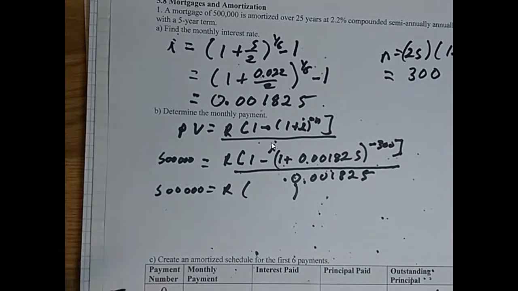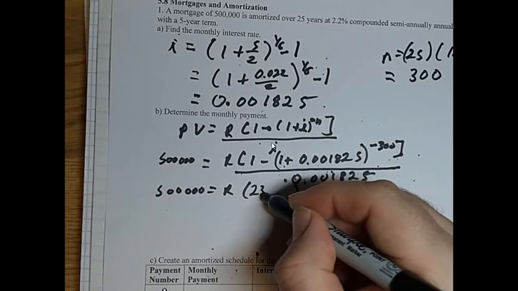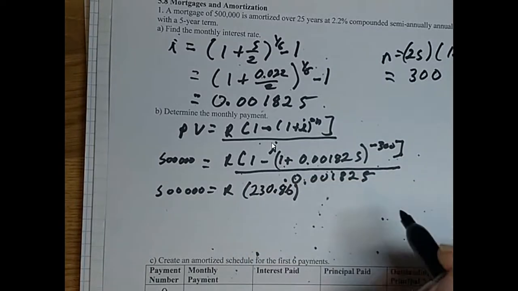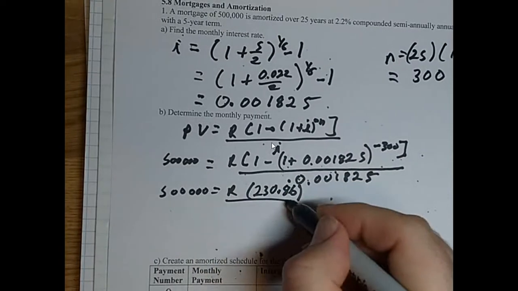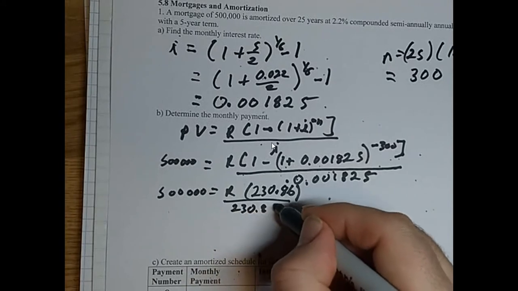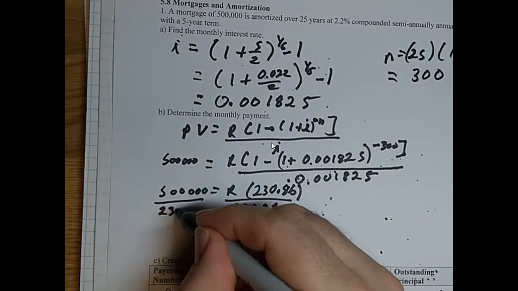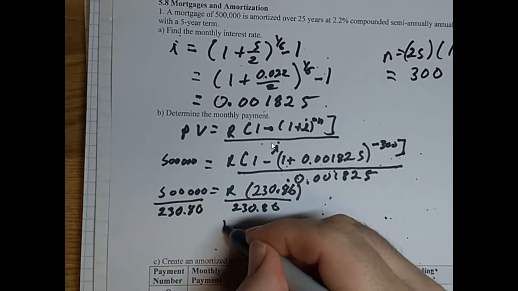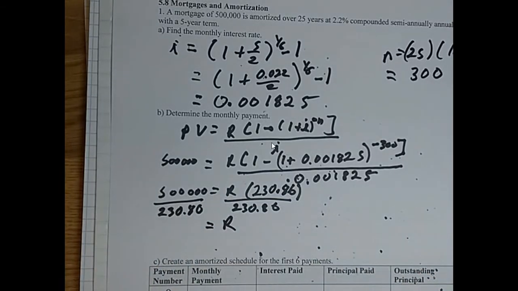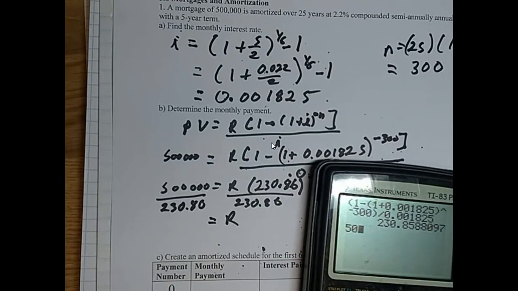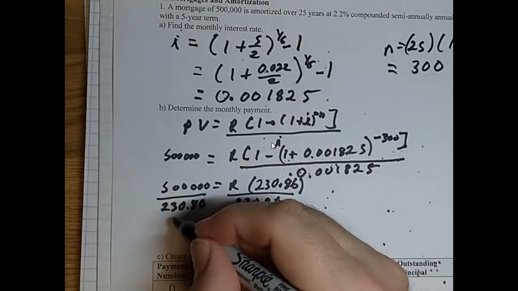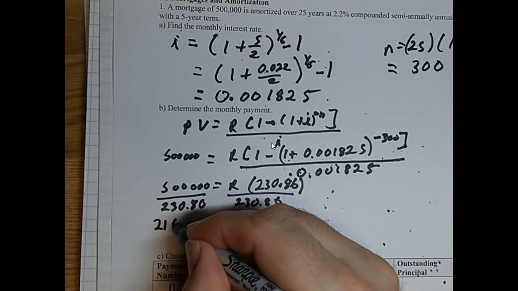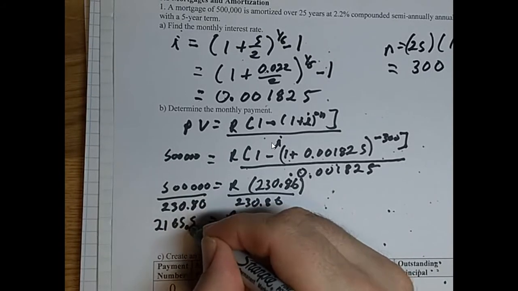That gives 230.86, which we'll round. I'm going to divide both sides by 230.86. So we take 500,000 divided by 230.86, and our monthly payment is 2165.81.